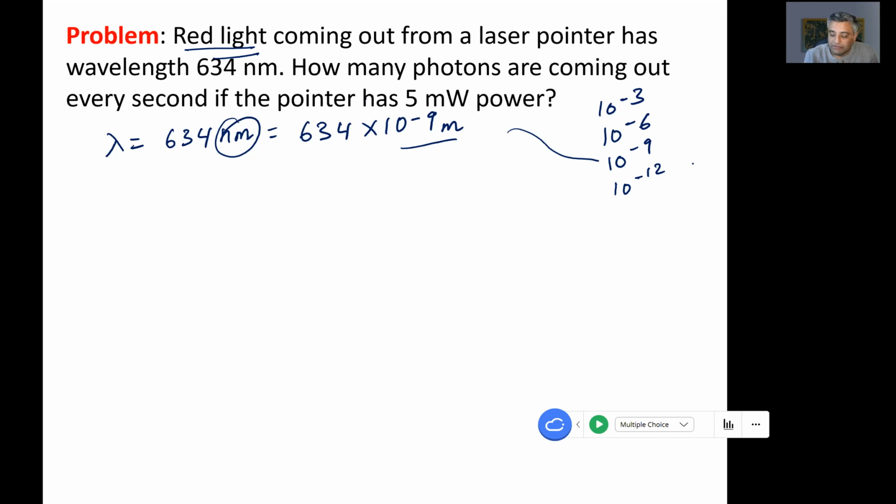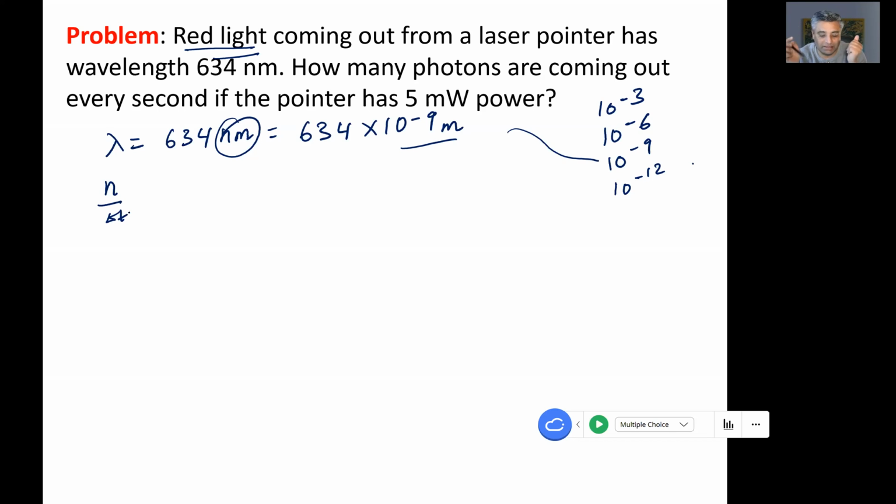And how many photons are coming out every second? So the number of photons times the time interval. Remember, one quantum is just h times f. So more energy means a larger number of photons times hf.